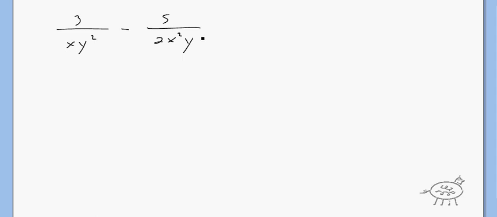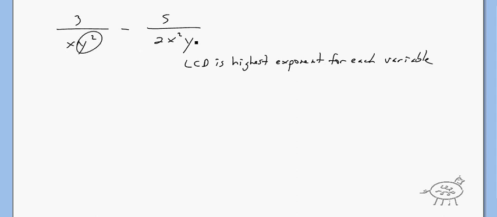For variables that are multiplied like this in the bottom, your LCD is the highest exponent for each variable. So in other words, here's an xy squared, here's an x squared y. So y squared and x squared are the highest exponents. And then, of course, the 2 is there. So my LCD for this problem is going to be 2x squared y squared.